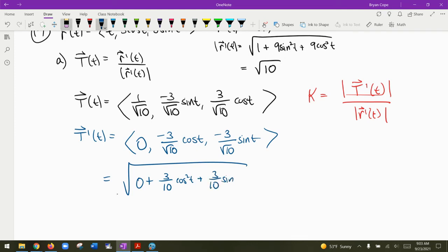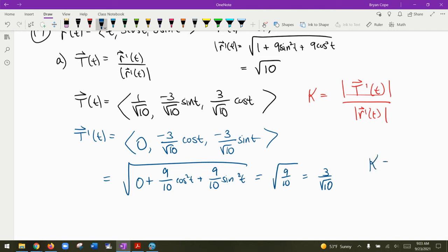Oops, mistake. That should be 9/10, I think. Just check my work here. Magnitude of T prime. Yes, that's right. 9 cosine squared t and 9 sine squared t over 10, which gives us the square root of 9/10, which gives us 3 over root 10. Okay, so the magnitude of T prime is always 3 over root 10.